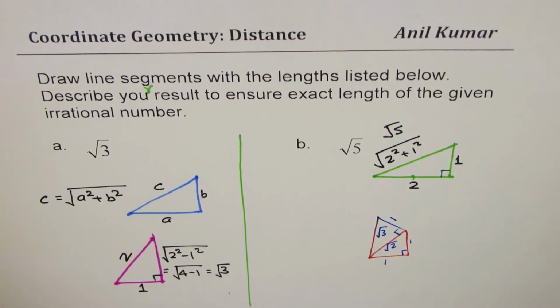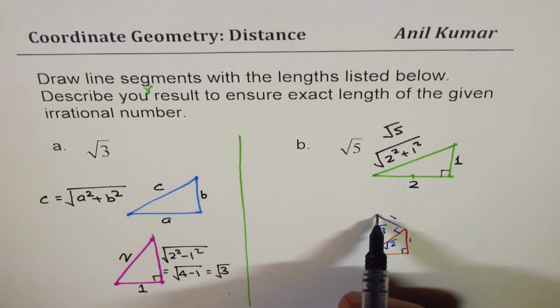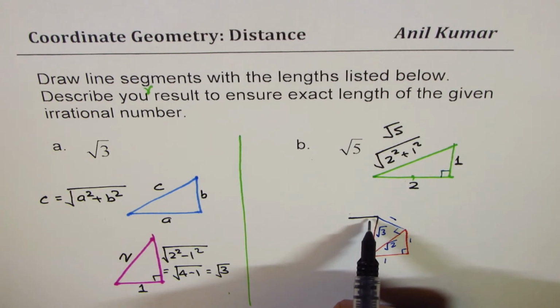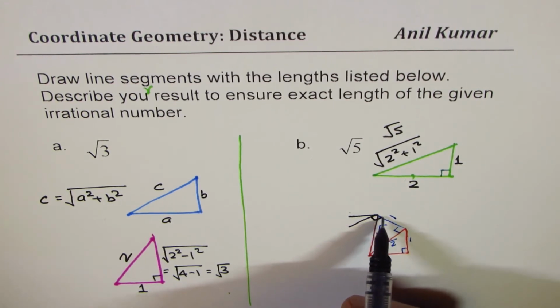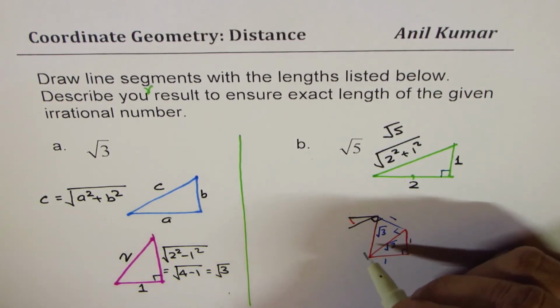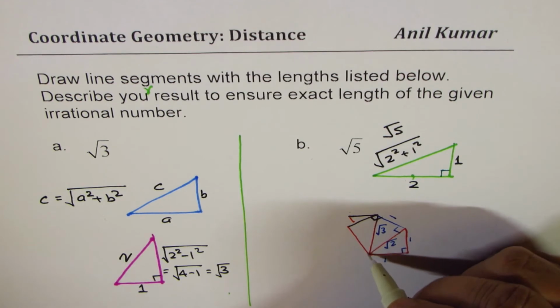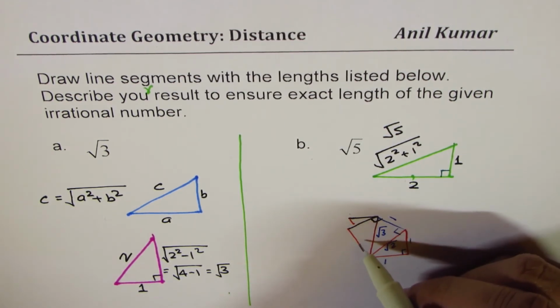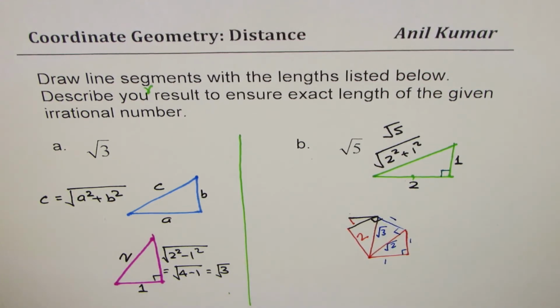And if you continue with this pattern, with one unit, this is not very accurate. This should have been like this, okay, right angles, I mean. And if I make this one unit long and then connect it, what we get is 3 plus 1, so square root of 4, I get a length of 2.